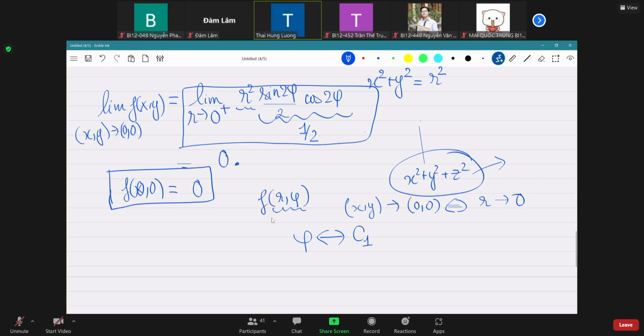So the limit is 0 for any path which goes through the point (0, 0). Is my answer clear for all of you?